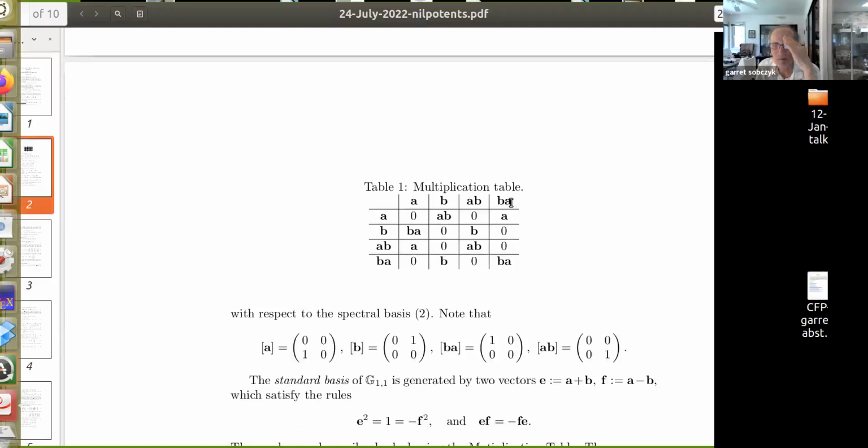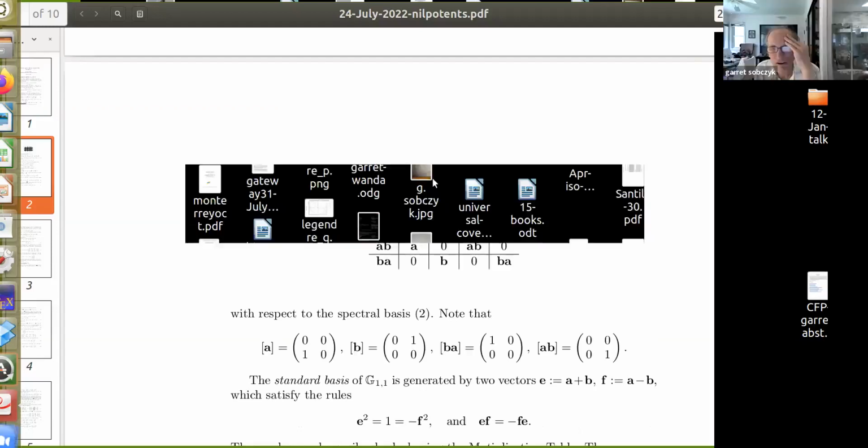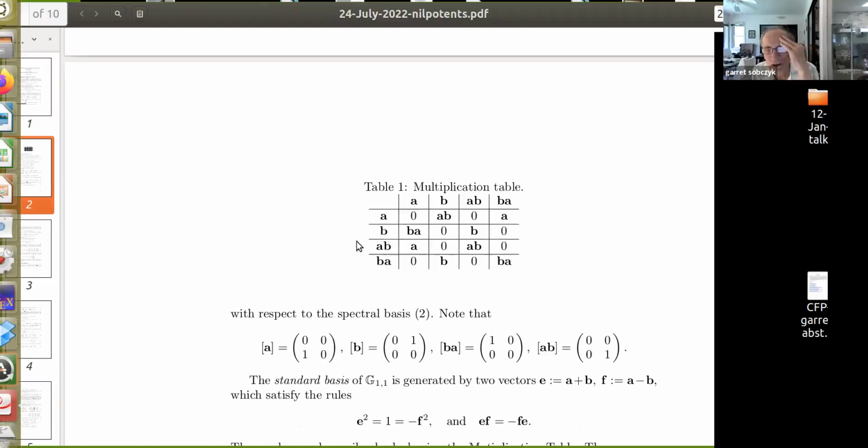So here I have a pair of nilpotents, which I call A and B. Okay, so A times A is equal to 0. B times B is equal to 0. If I multiply A times AB, well, remember I'm using the rules of multiplication, so A times AB is the same thing as A squared times B, but A squared is 0 because it's a nilpotent.